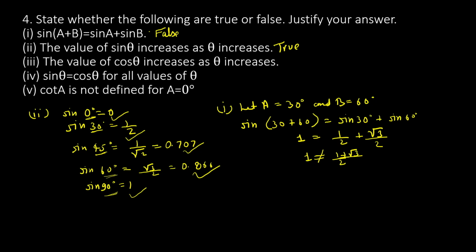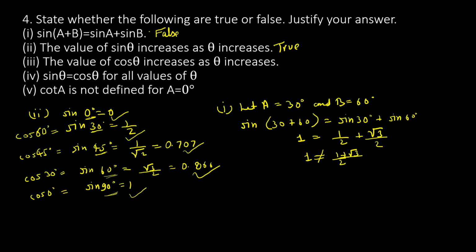So you can directly say no, because you can watch our introduction video, in which I told you that sine 90 will be equal to cos 0 degree, cos 30 will be equal to sine 60, cos 45 will be equal to sine 45, and cos 60 will be equal to sine 30.